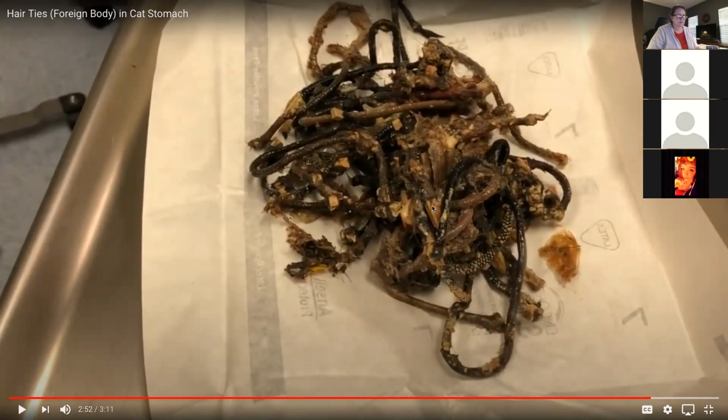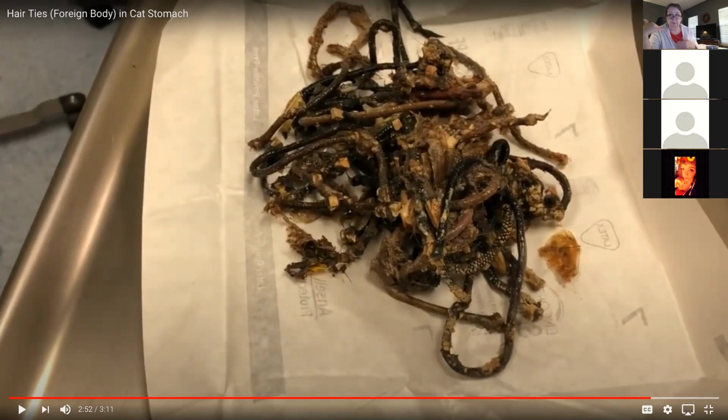But the whole reason I show these videos, first, is so you can see the anatomy of the live stomach, and it's also to explain that the fundus is large. Now, my older boxer got into the bathroom trash once, and it was day 4 or 5 before he vomited what he got into.